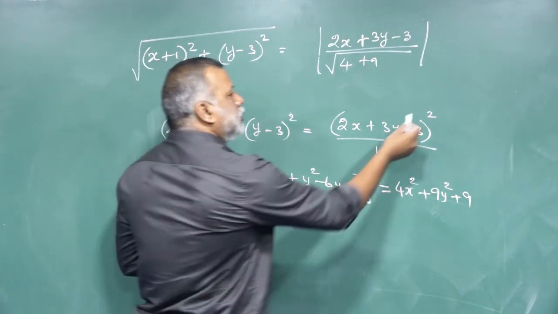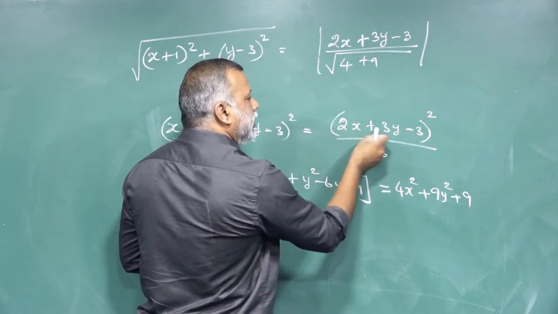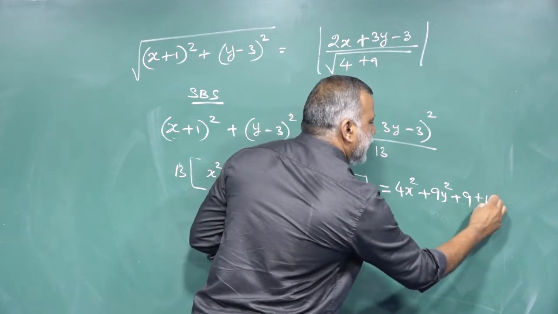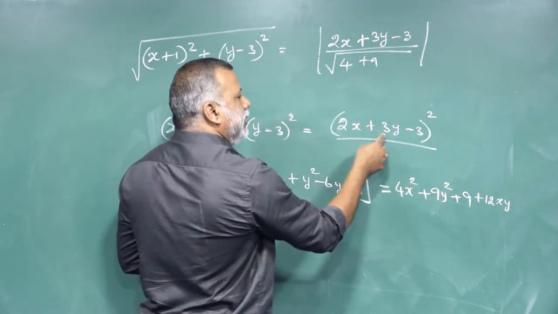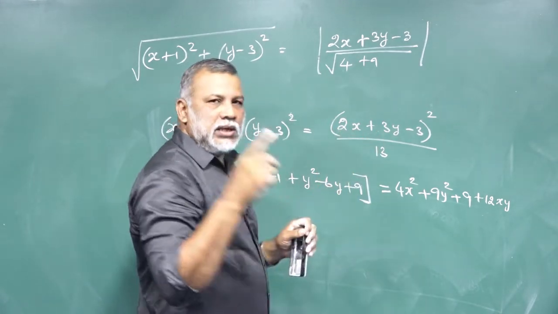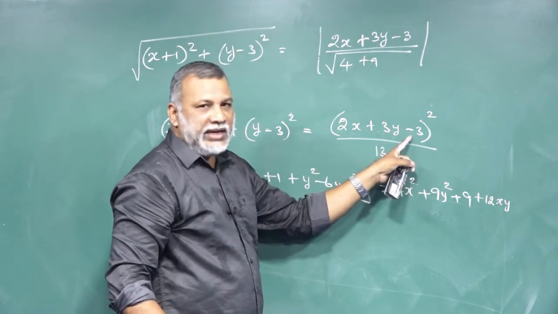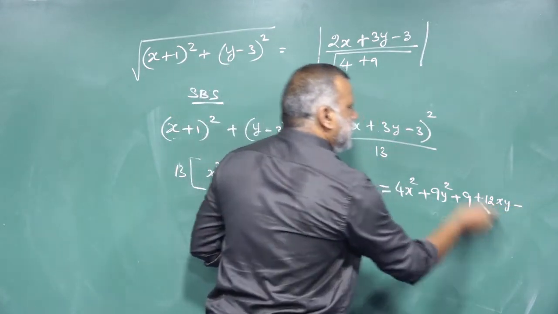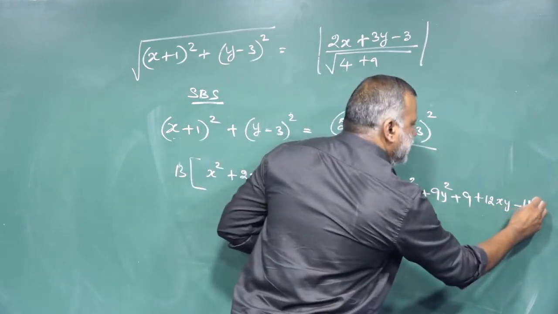What is the meaning of 2ab? 2 into 2, 4, 4 into 3, 12xy. The next one is 2bc. C is negative, so use the negative. 2 into 3, 6, 6 into 3, 18y.